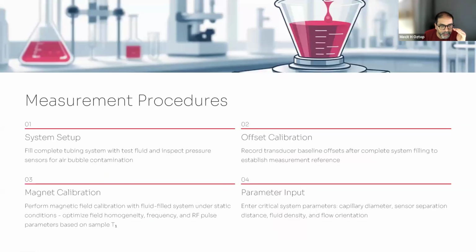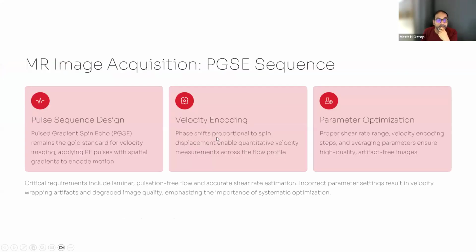We filled the complete tubing system first with test fluid and inspected the pressure sensors for bubble contamination. We do the offset calibration, and then the magnet calibration, and we need to do some parameter inputs. For the pulse sequence, we are using PGSE, pulsed gradient spin echo, which is also used for self-diffusion coefficient measurements.